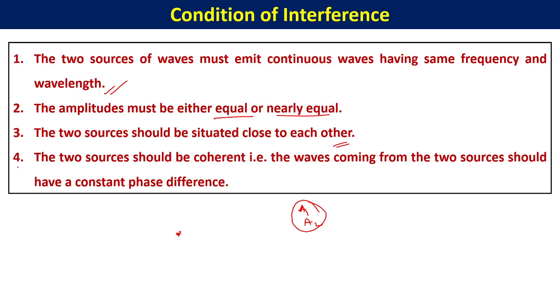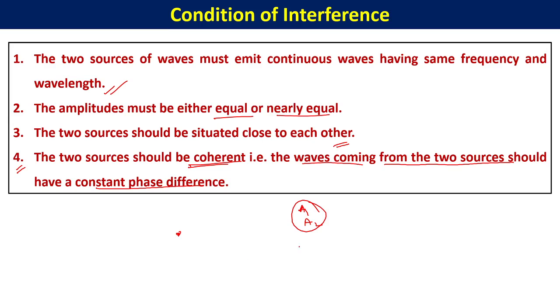Fourth point, which is a very important point: the two sources should be coherent. Many a time people confuse this term coherent. What coherence means is that the waves coming from two different sources should have a constant phase difference.